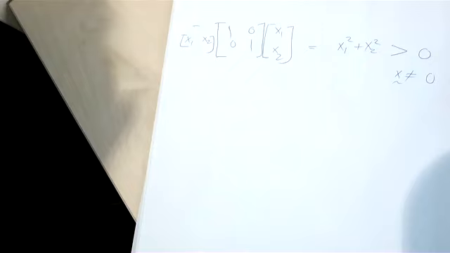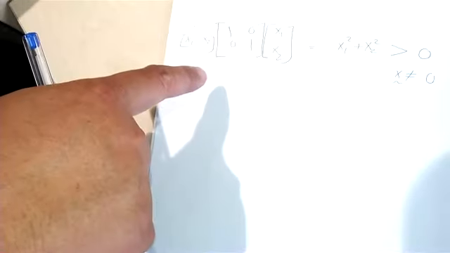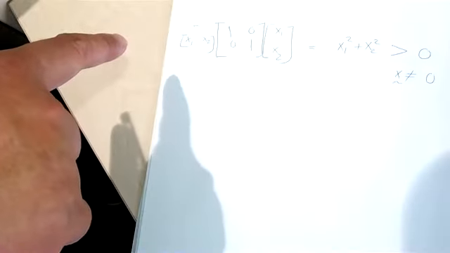So any other example? Positive entries, you mean on the diagonal? But how about off the diagonal? But it's a good point.